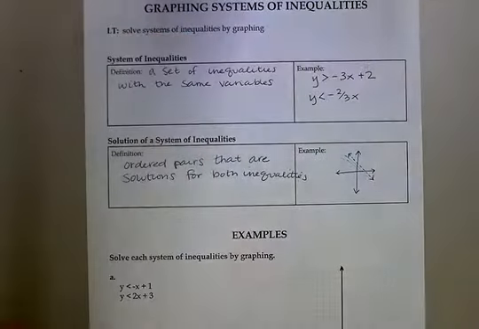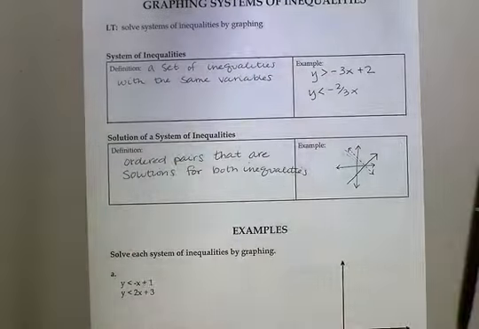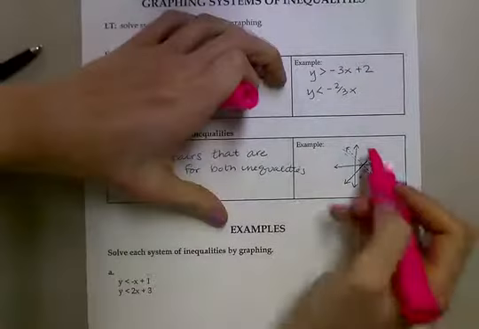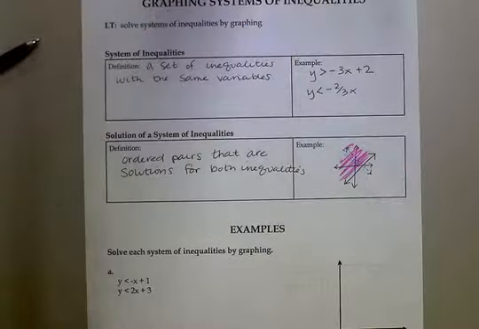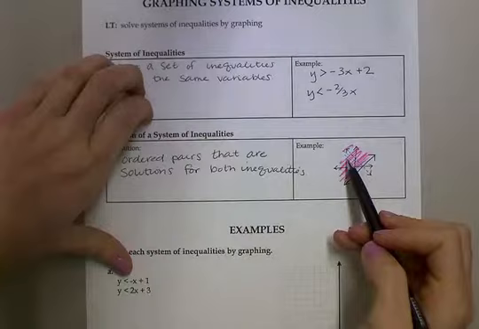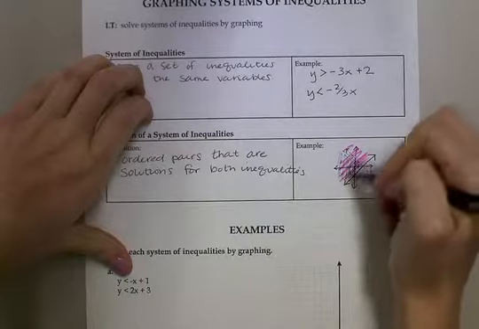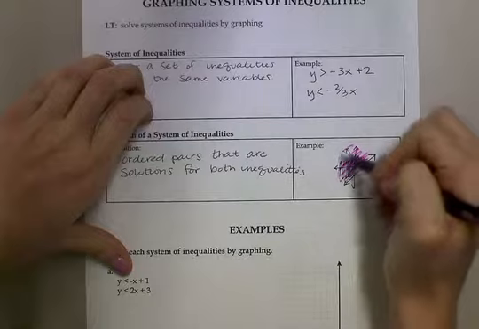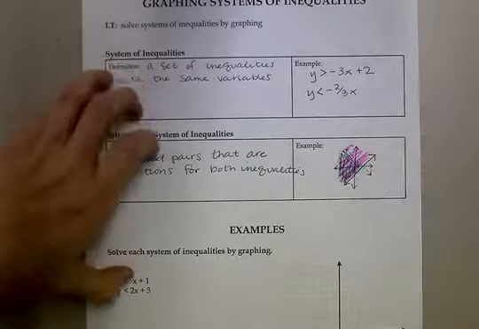And let's say we had another inequality that looked like this, and its solution was this area above the line. The solution for the system would be the area of overlap. So this area right in here, where the inequalities overlap, the shared solutions.